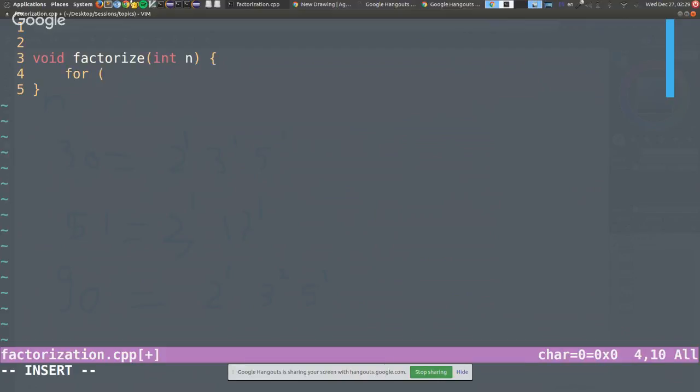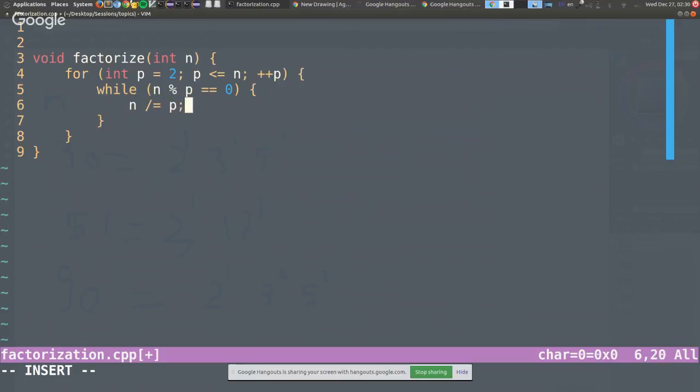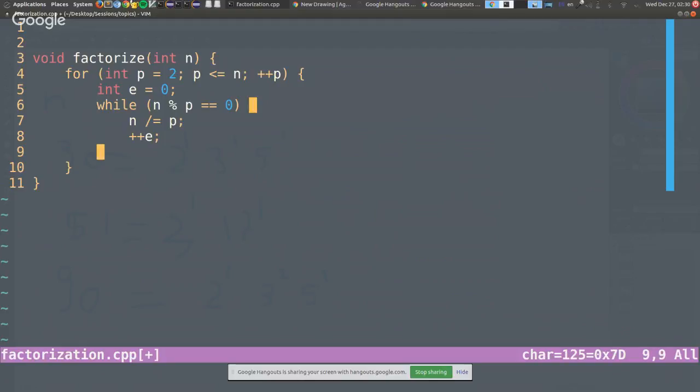The naive way is to go through all the numbers from 2 until the number n that we'd like to factorize, and we check whether n is divisible by p. When this is true, we keep dividing by p and count the exponent.